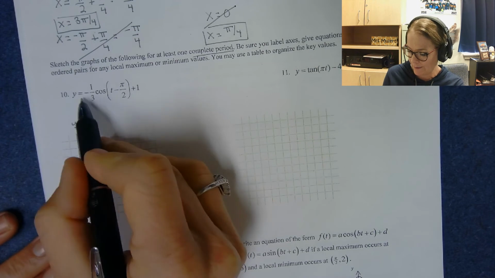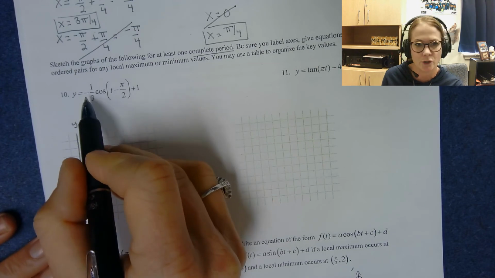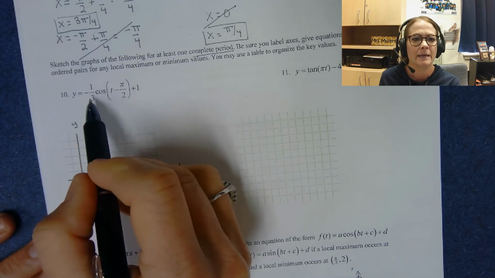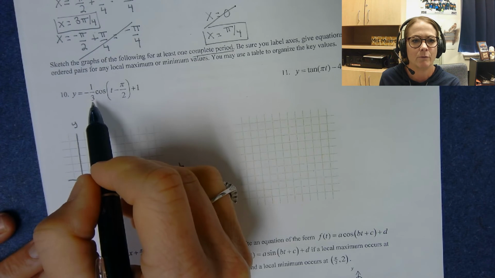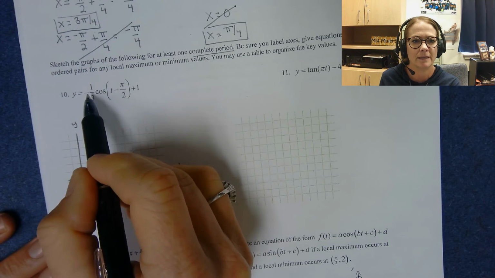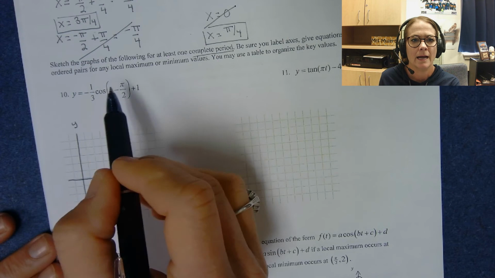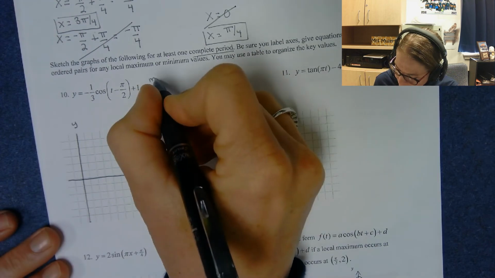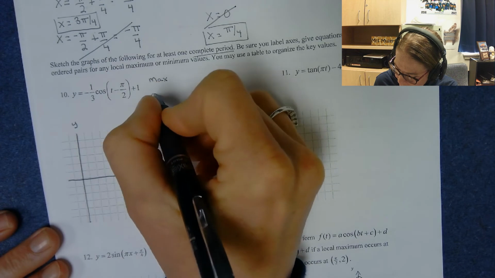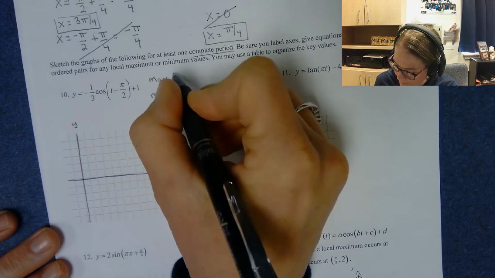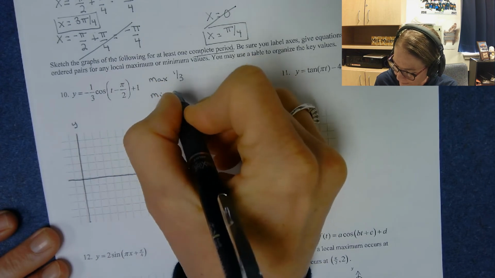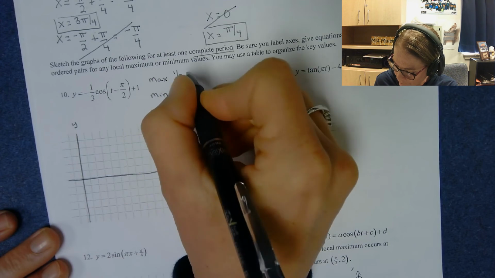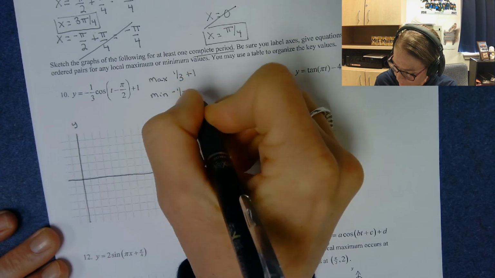Let's look here. I'm going to take some mental notes as I approach the problem. I've got an amplitude of 1 over 3. Cosine is going to start low, and then I'm going to have a vertical shift. My max and my min would be 1 over 3 and negative 1 over 3 without the vertical shift, but let's go ahead and do the vertical shift.